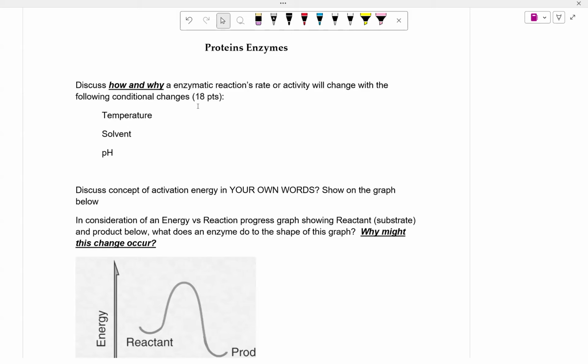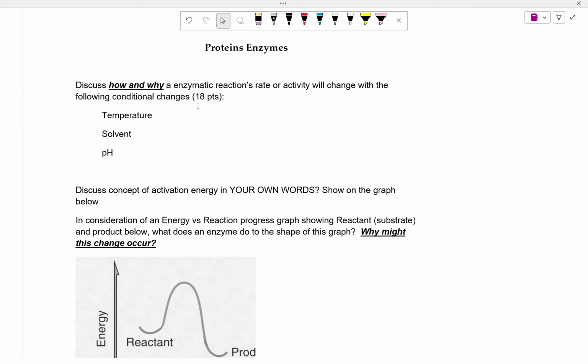Temperature will change the shape. Hence, the active site will then change shape, and the active site is where the catalyzation of the reaction happens. It's the shape issue. Okay, so the why is the shape changes.